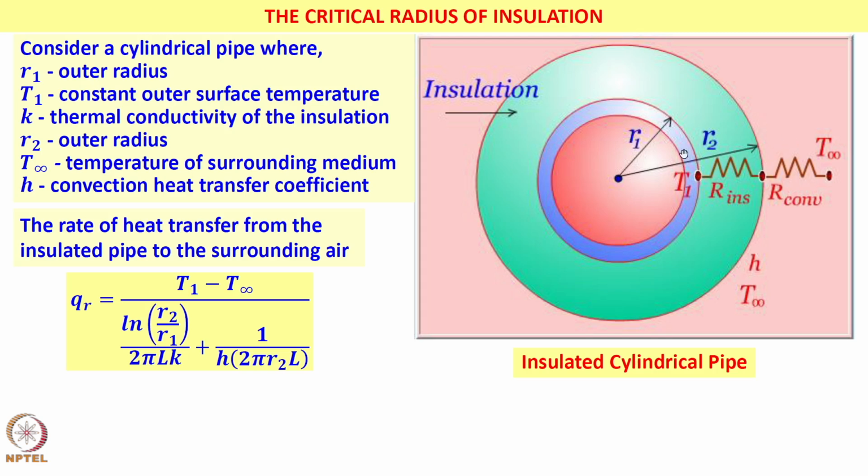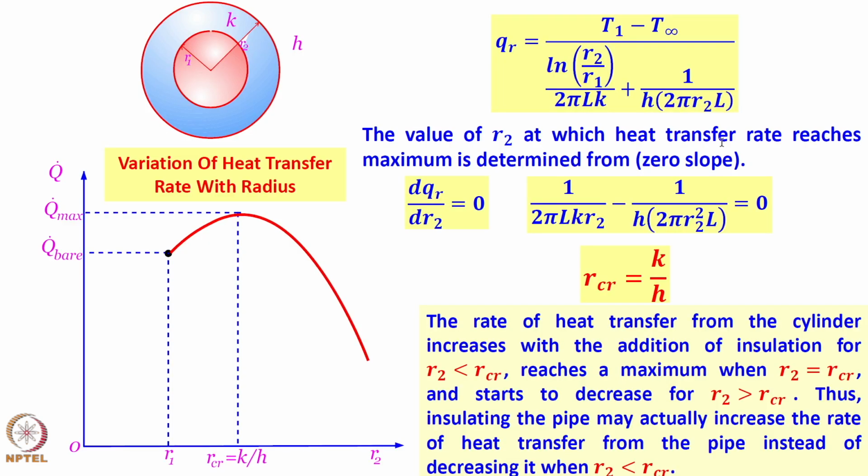You do the maths for this. T1 minus T infinity is constant, so you just have the denominator which needs to be differentiated appropriately. You will get R2 where dQ by dR2 is 0, where the heat transfer rate is maximized. That radius is called the critical radius.